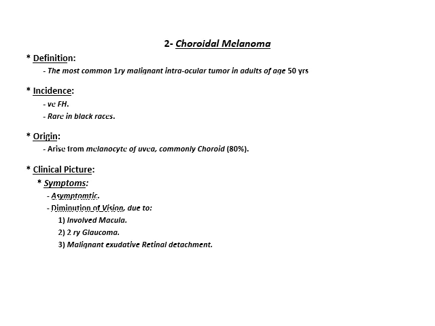Origin: arises from melanocytes of the uvea, commonly the choroid, about 80% of cases. Clinical picture, symptoms: asymptomatic, or the patient complains of diminution of vision due to involved macula, or secondary glaucoma, or malignant exudative retinal detachment.